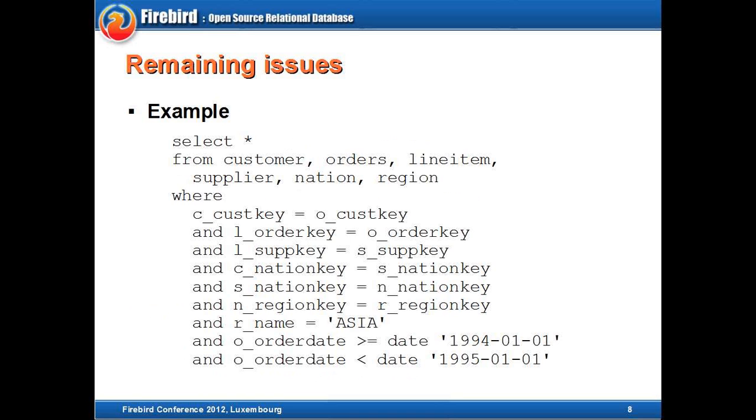This is an example of one more related issue. Here's a not really complex query, but it's a join of 6 tables. We have 2 limiting conditions.